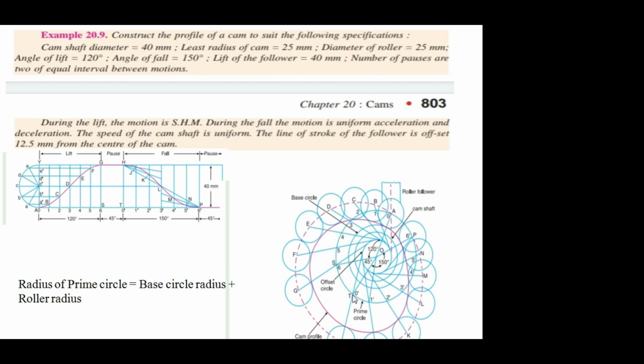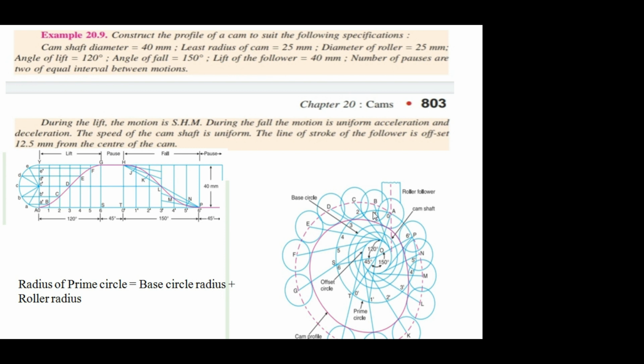Similarly, divide theta R in 6 equal parts and mark those parts with the points 1 dash, 2 dash, 3 dash, 4 dash, 5 dash, 6 dash on the prime circle. From all these points 1, 2, 3, 4, 5, 6, draw the line tangent to the offset circle and extend outside the prime circle.